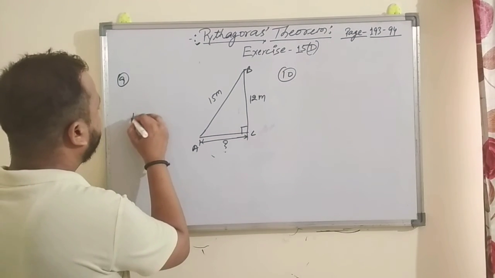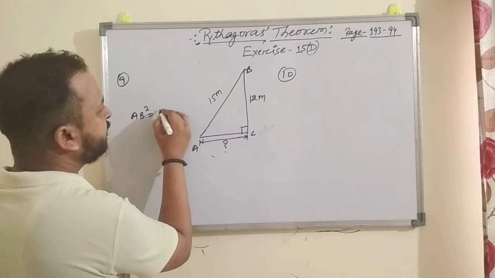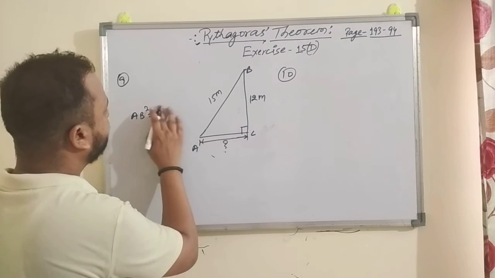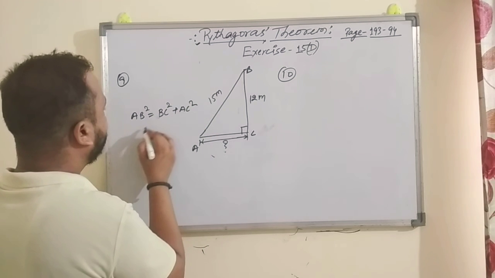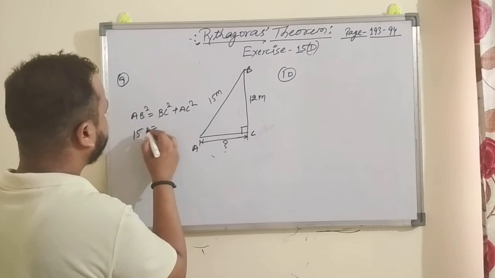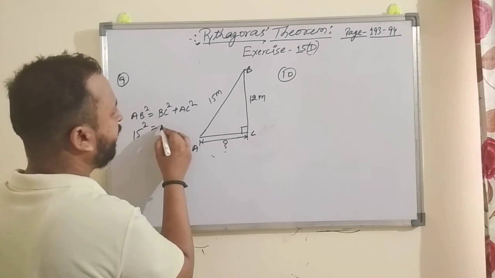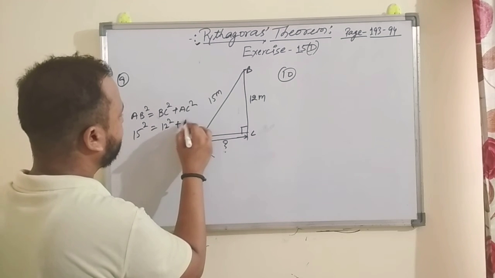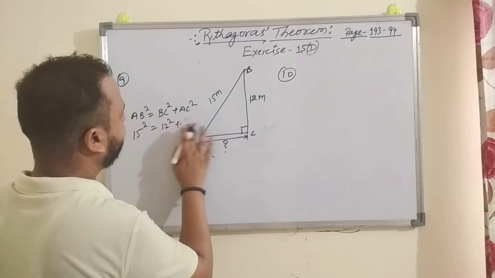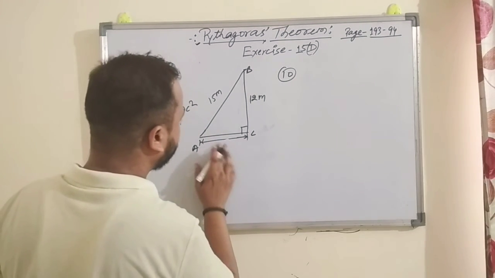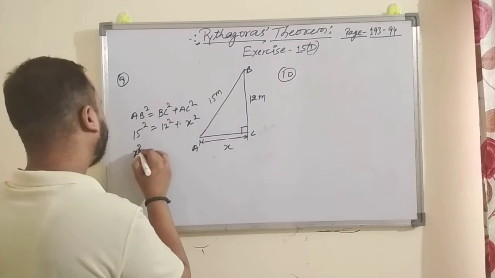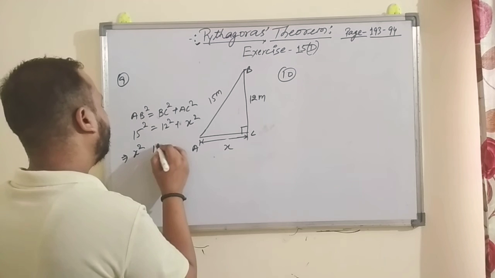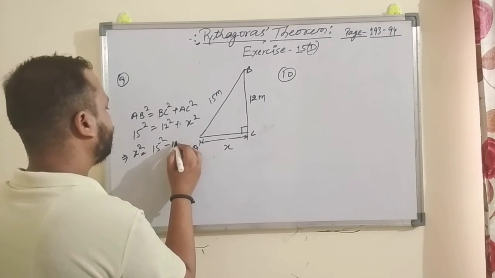So here AB square is equal to BC square plus AC square. AB value is given as 15. So 15 square is equal to 12 square plus AC square. The value of AC is also given in the book, that is x. So x square is equal to 15 square minus 12 square.